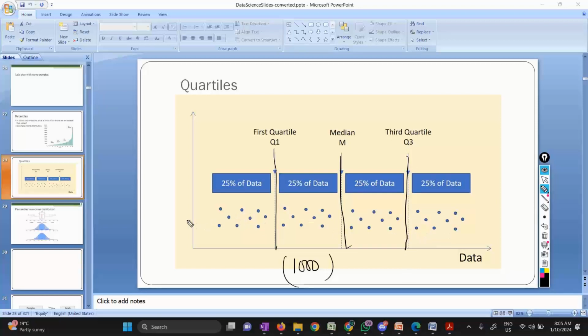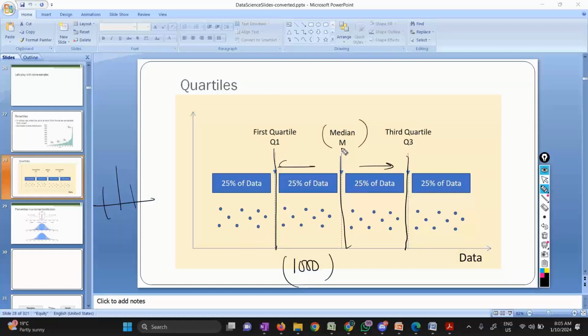The same thing we did in the histogram when we were bucketing it. Here the bucketing is done where you first divide this data 50% here, 50% here around the median value.